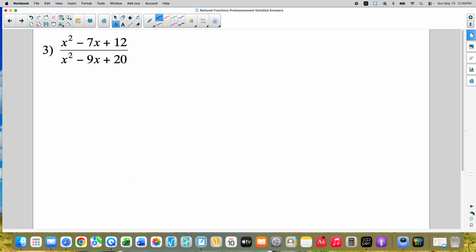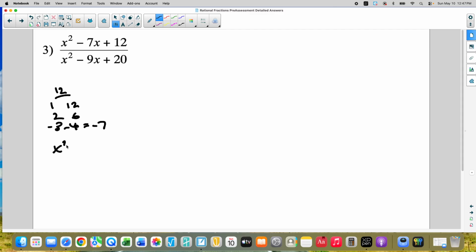Number 3. All right, now is still addition and subtraction. We're going to do a times c. So we're going to factor this term. We got factors of 12. When the signs are the same: 1 and 12, 2 and 6, 3 and 4. Signs are the same, both are negative. That's my negative 7.